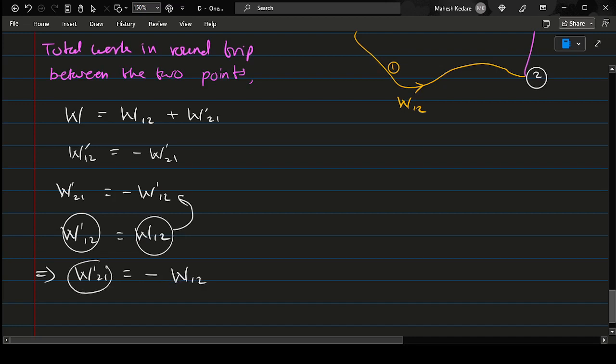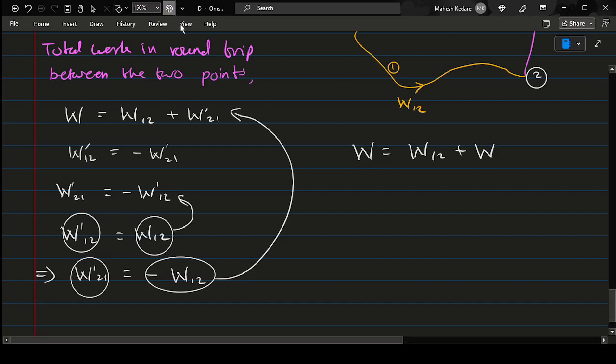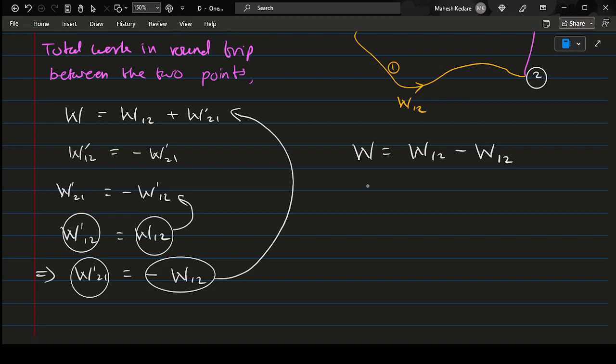And now for W'21, we substitute negative of W12 in this equation, and it will give us W equal to W12 plus negative W12, and we have a result that the work is equal to 0.